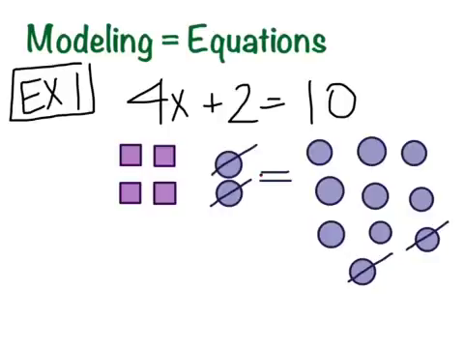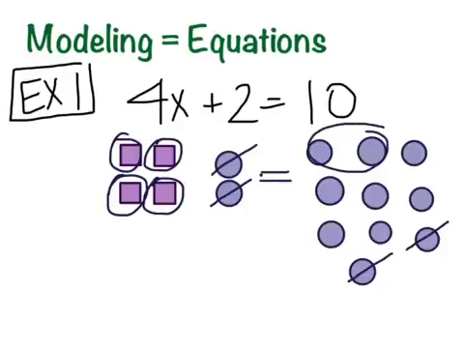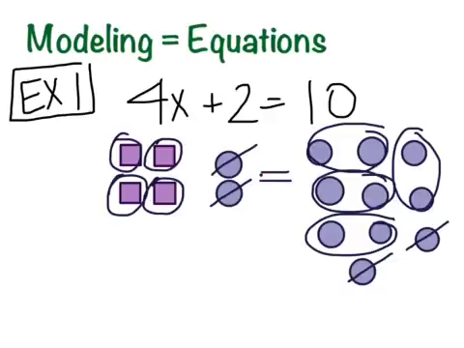I'm sorry, we need 4 groups. 1, 2, 3, 4 groups. 1 x for each group, so if we make 4 groups there, we need to have 4 equal groups here. 1, 2, 3, 4. So 1 square equals 2 circles. And that's our answer.